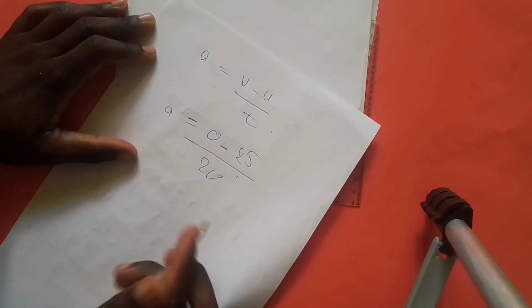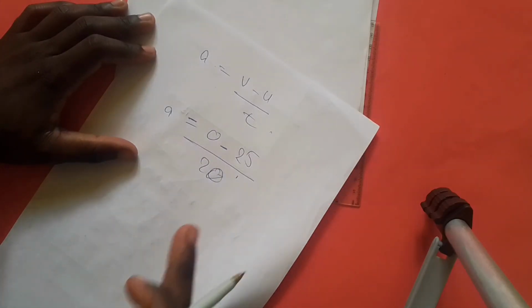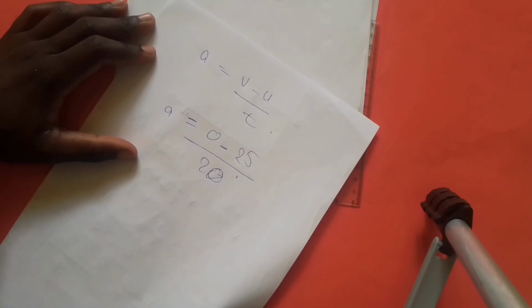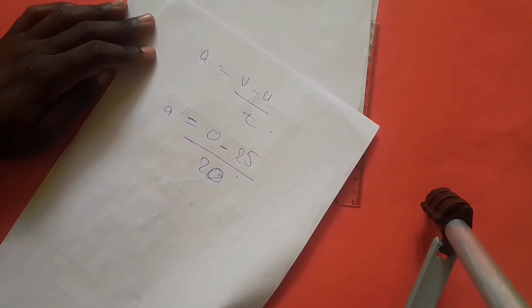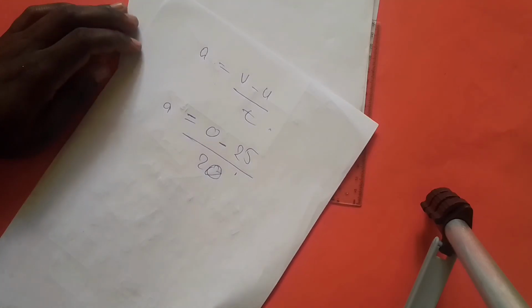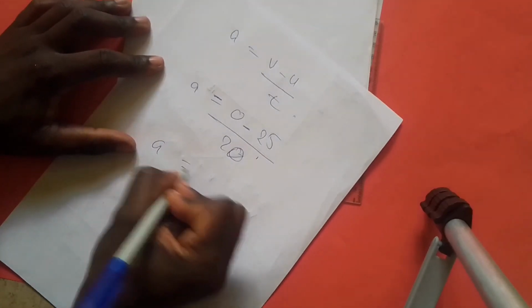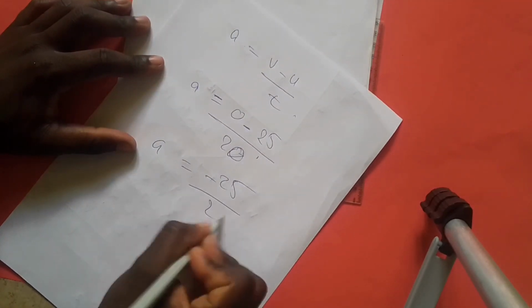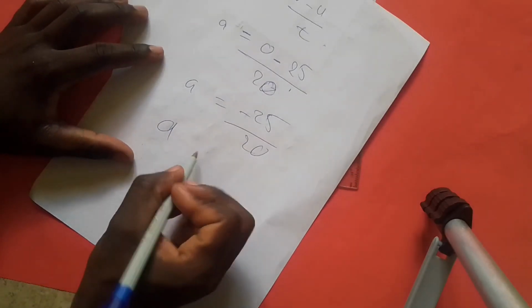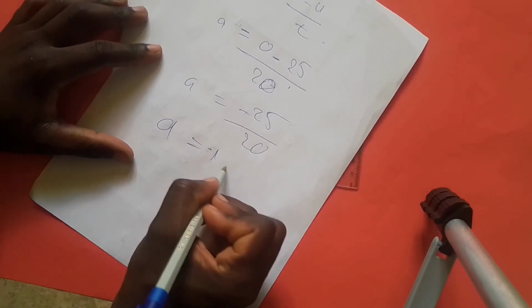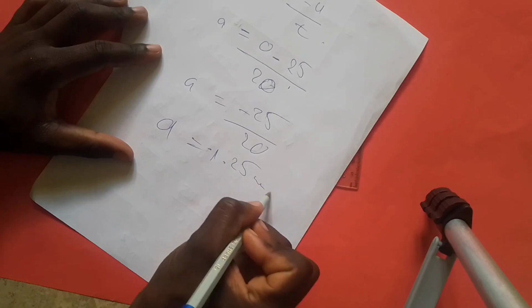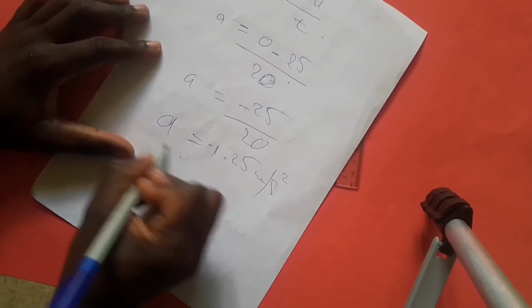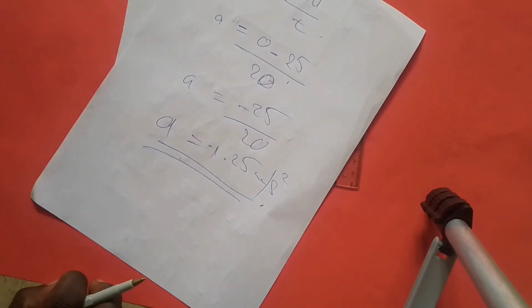The question told us the motorist was retarding for 20 seconds. So A is equal to negative 25 over 20, which is negative 1.25 meters per second squared. Very easy. Kinematics is very easy.